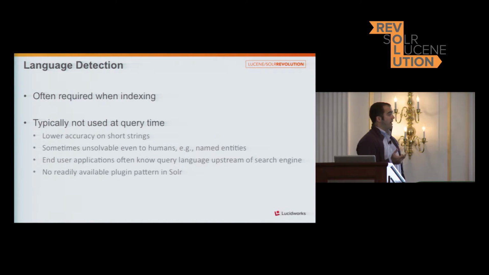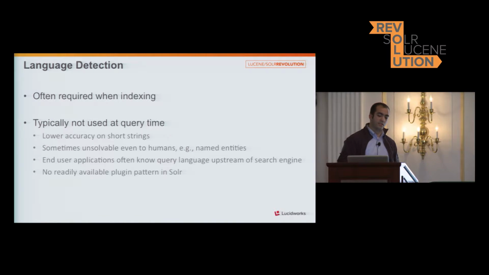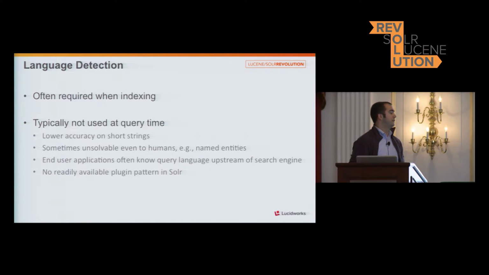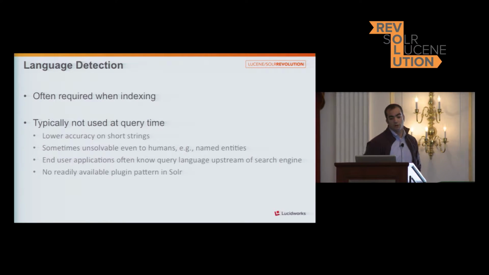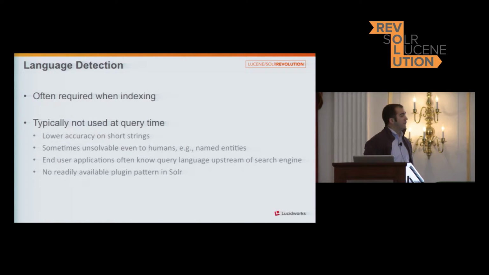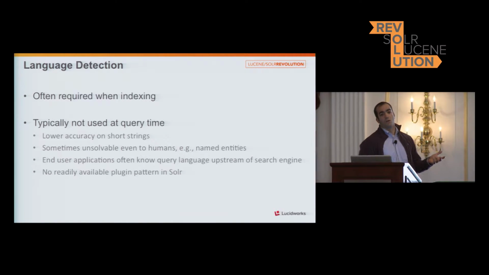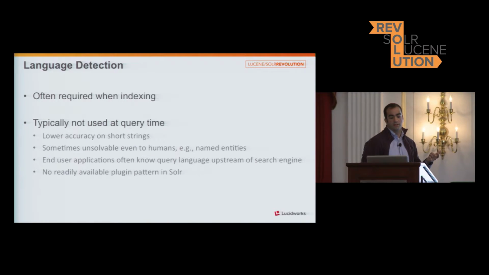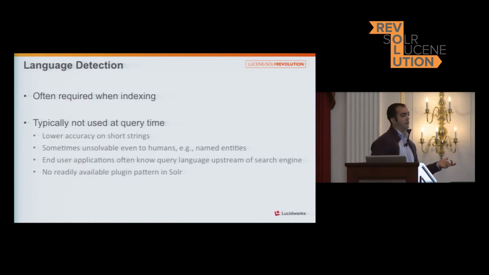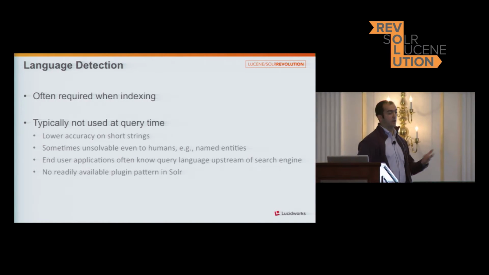And the reasons for that, there are a bunch. One is that language detection is generally better and more accurate the more text it has, and queries tend to be short. Sometimes, like in the Serie A example, you can't even have a human know what language a particular query is in, so you have no shot at a machine getting that right 100% of the time.